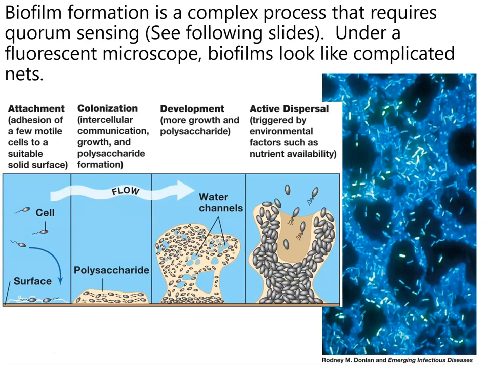So this is really how you should think about biofilm formation. It goes in several steps, and they're constantly changing. So we start with some cells that decide to attach, and they attach. And they start to divide a little bit.